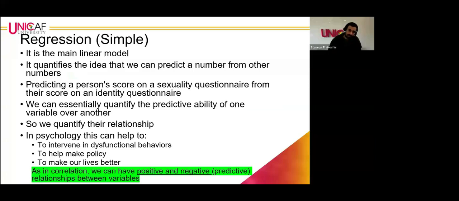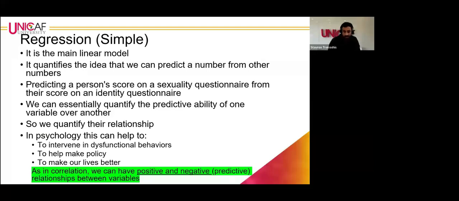So the regression, it's the main linear model. It quantifies the idea that we can predict a number from other numbers. For example, we can predict a person's score on a sexuality questionnaire from their score on an identity questionnaire. We can quantify the predictive ability of one variable over another, and this is basically quantifying their relationship.